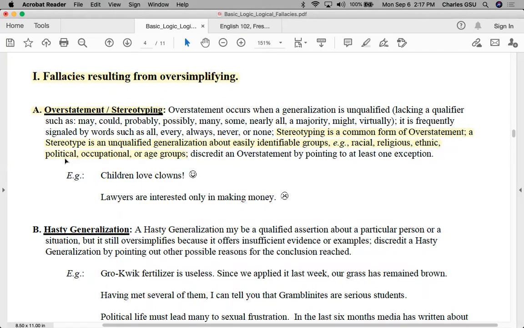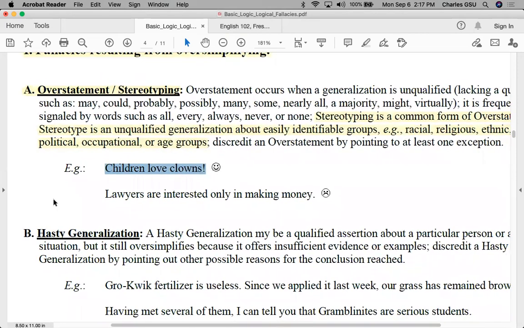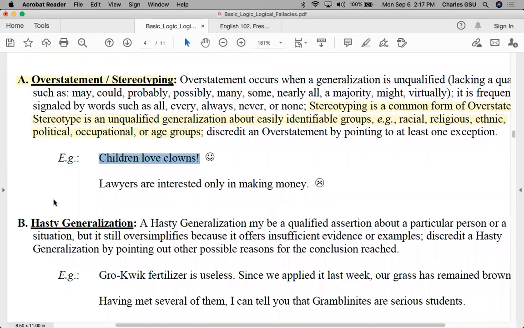If you can find one person of color who is also conservative and belongs to the Republican Party, then you cannot therefore say all Republicans are X, Y, or Z. A common claim is that children love clowns, right? Well, some children love clowns, but you yourself may not love clowns, right? You may balk or freak out at clowns because they can be like Chucky, kind of scary.